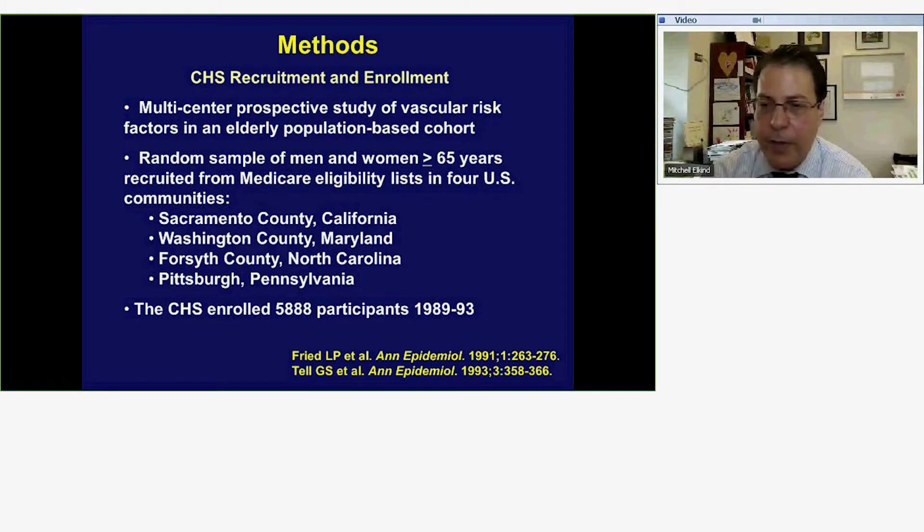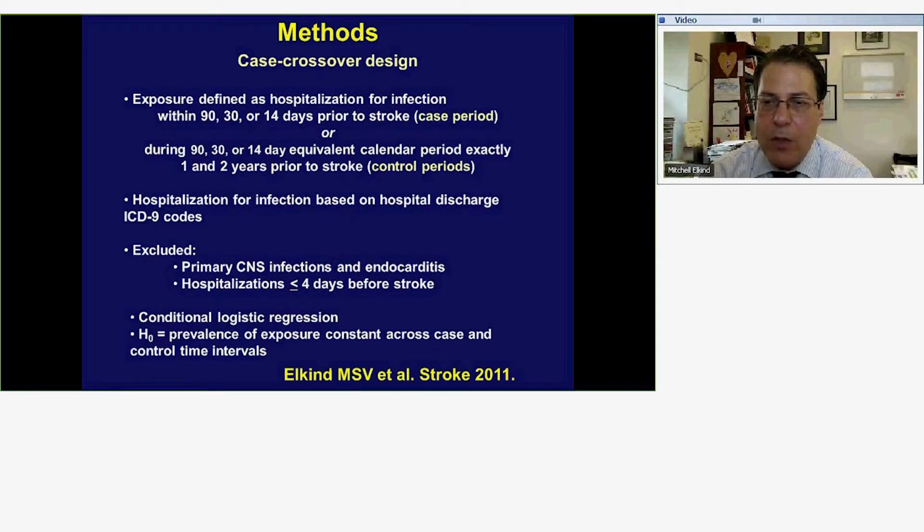They were enrolled back in the early 90s. We looked at stroke, and we did what's called a case crossover design to try to get at this question, not of who has the stroke, but why do people have a stroke at a particular point in time? And specifically, we looked at the relationship between a hospitalization for an infection and the risk of having a stroke.